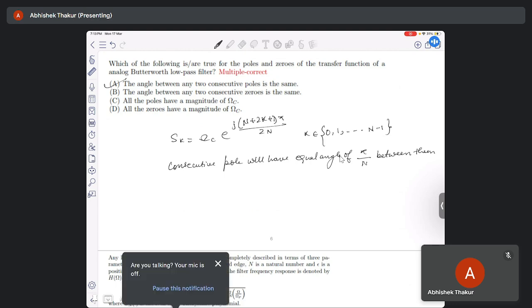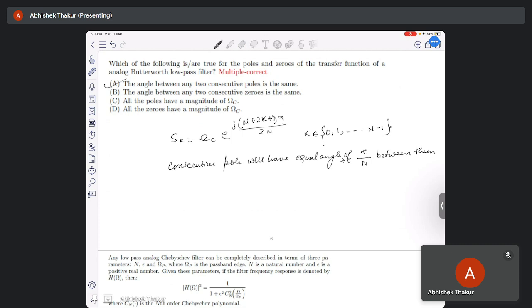And they lie on a semicircular path of radius omega c in the left half plane. So all the poles have a magnitude of omega c, and also the Butterworth filter transfer function does not have any zeros, hence the correct options are A and C in this question.